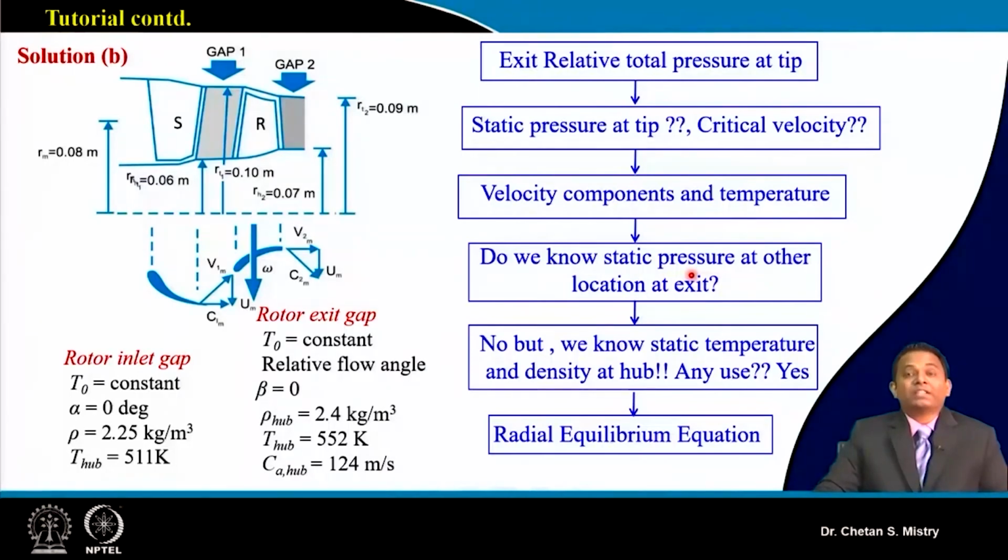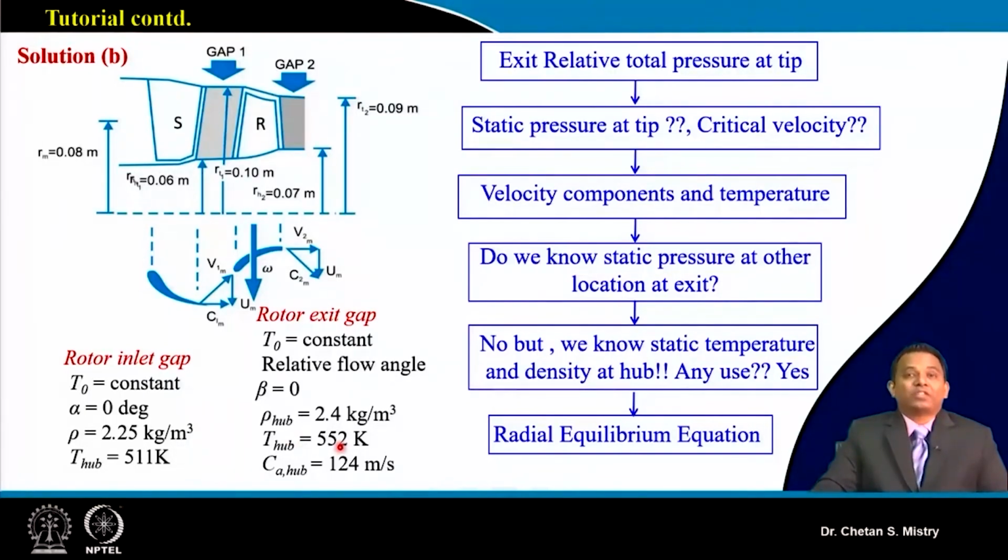At this moment it says no. But we are given two parameters, density and temperature. So using the perfect gas equation we can calculate our static pressure at the hub.